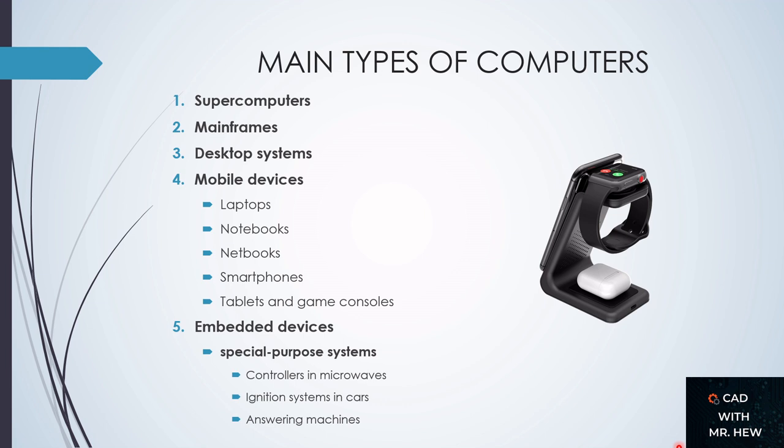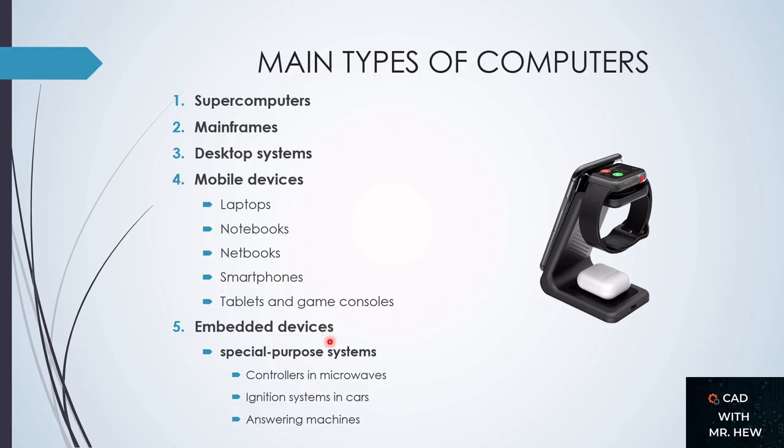The main types of computers are supercomputers, mainframes, desktop systems, mobile devices, and embedded devices. For the mobile devices, we have laptops, notebooks, netbooks, smartphones, tablets, and game consoles.